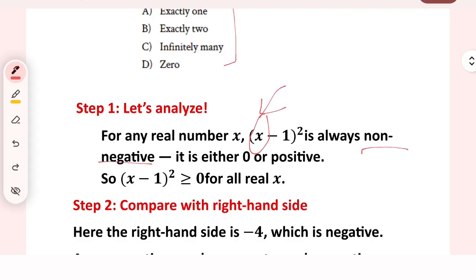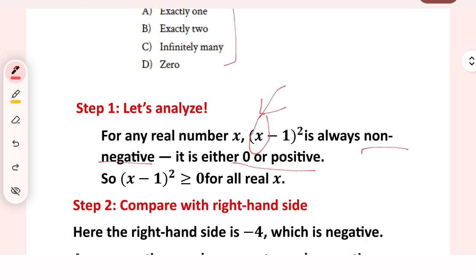Why do you think it will be positive? That is because whatever is inside the quantity is squared. If you put a negative number inside and square it, the answer is positive. Therefore, the answer could be 0 or positive.